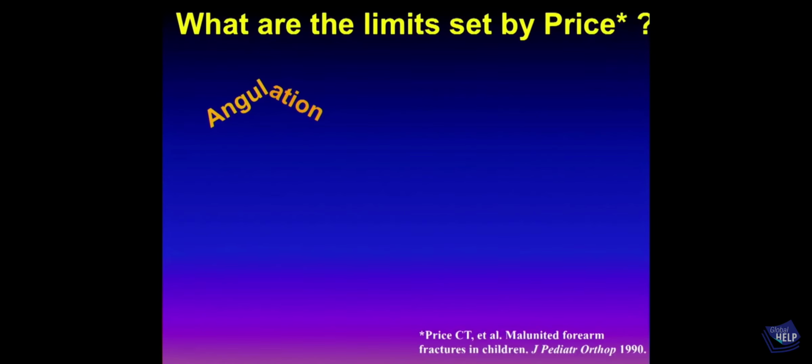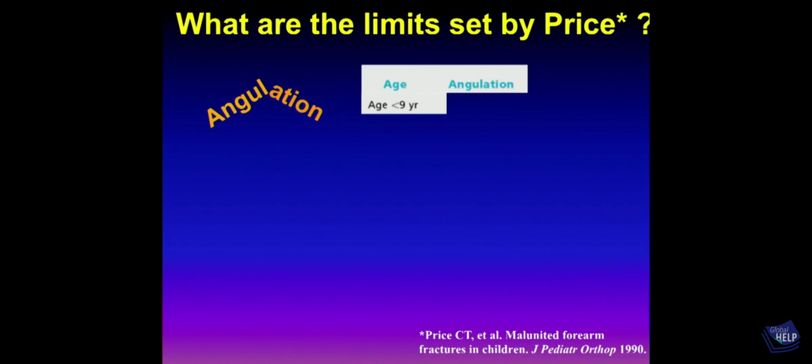So angulation at less than 9 years of age, how much can you accept? 20 or 45 degrees? Oh, that's rotation. Okay. Yeah, that's 15 degrees.